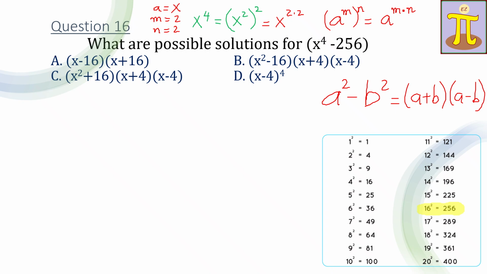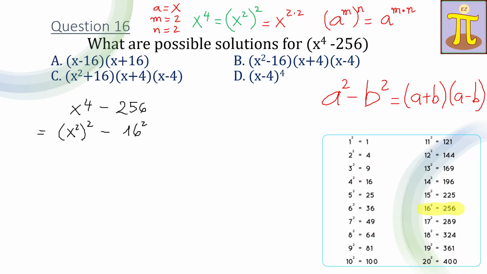That is 4. Okay. So I will rewrite the problem one more time. I have my x to the power of 4 minus 256. I will rewrite this one as x squared, all squared, minus 256 is 16 squared.